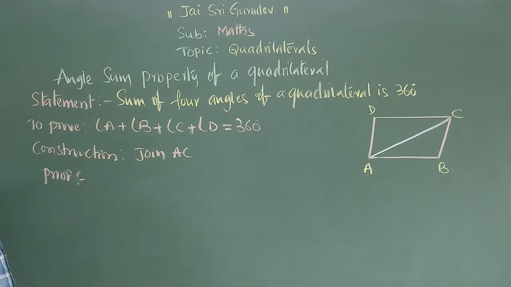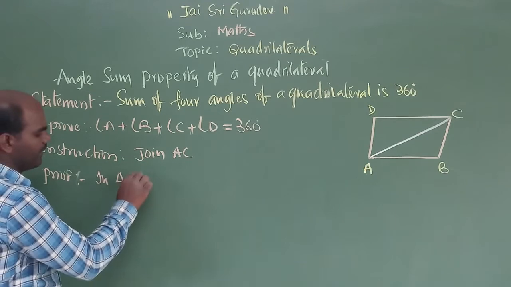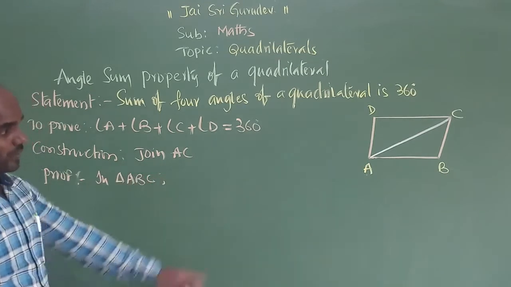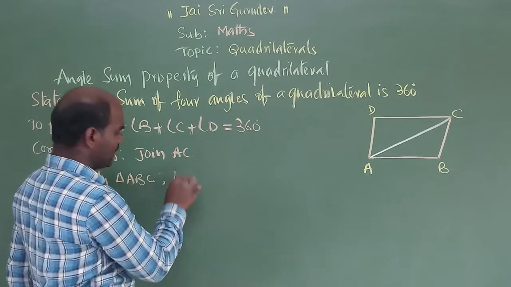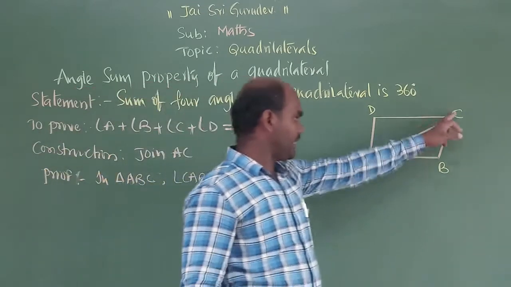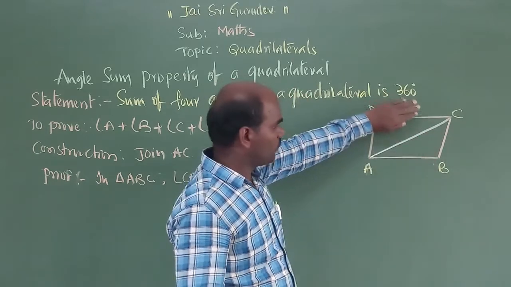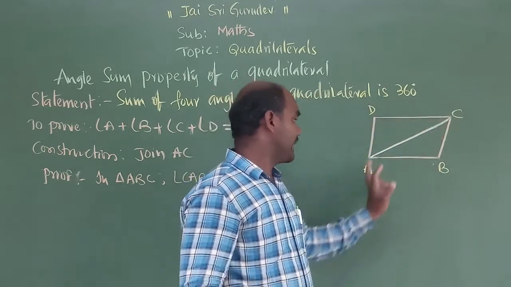In triangle ABC, you have to observe only this triangle, don't go for the other one.